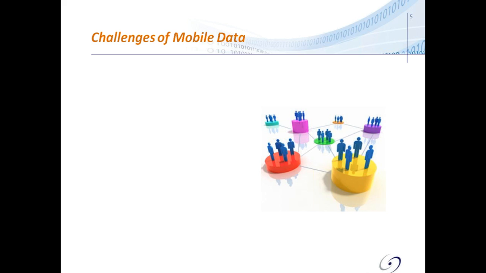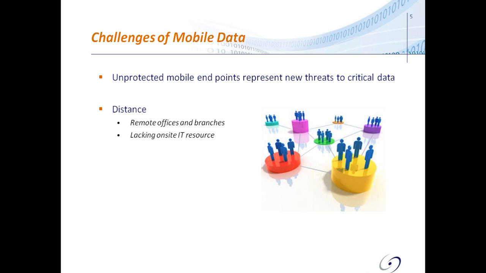As Kathy mentioned, we wanted to first talk about some of the challenges with regards to mobile data. Of course, these unprotected endpoints or devices are a new threat. It's nice that a lot of people are backing them up, but there's a lot more to that. Some of the challenges are really from a distance standpoint.